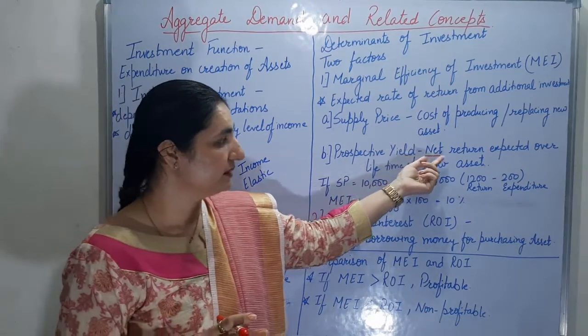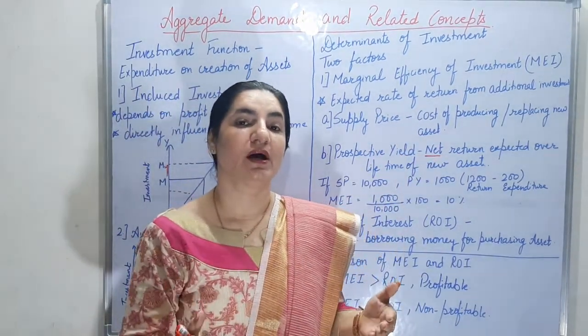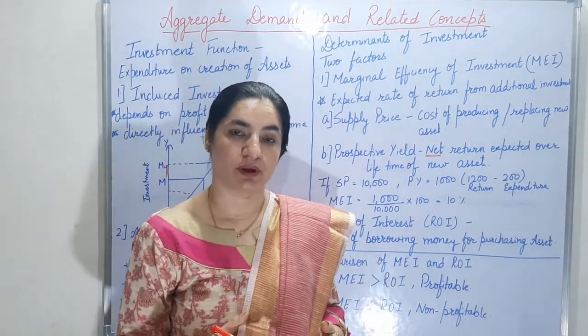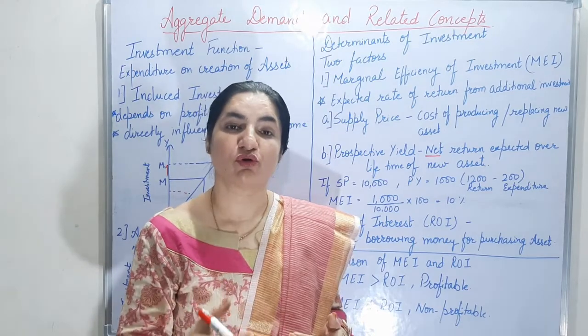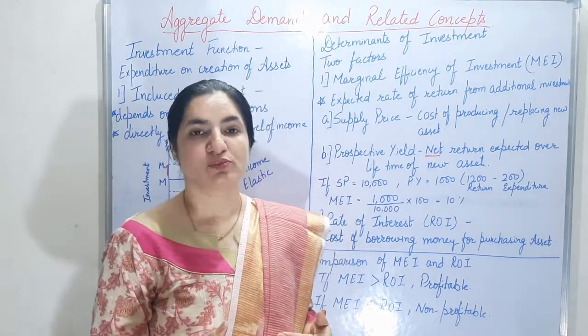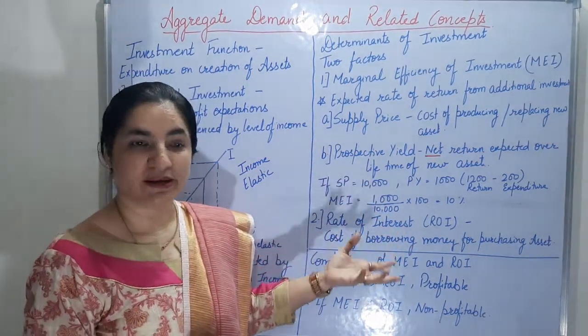Net here means we are not only calculating the amount which will be inflowed, but we are also talking about the amount which will be outflowed, or expenditure to be made, on the income which we are earning.